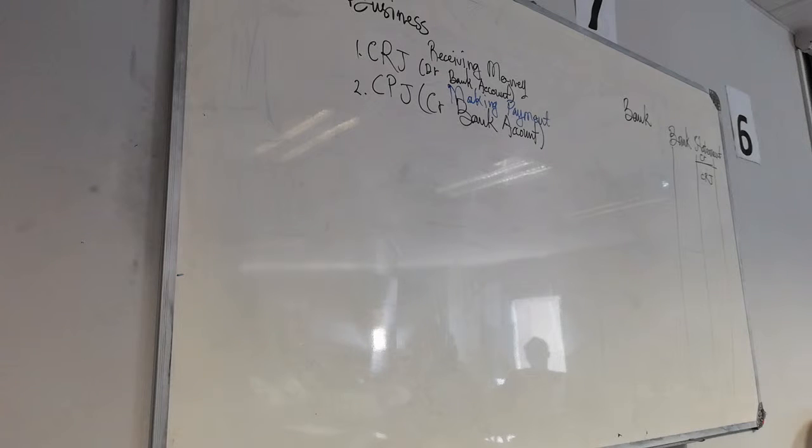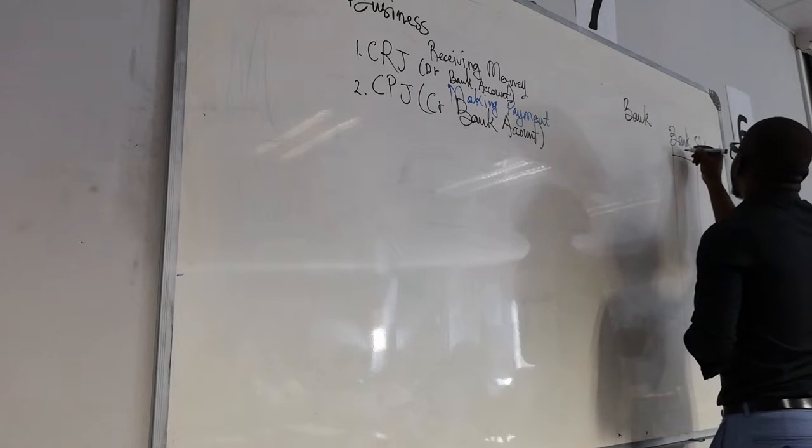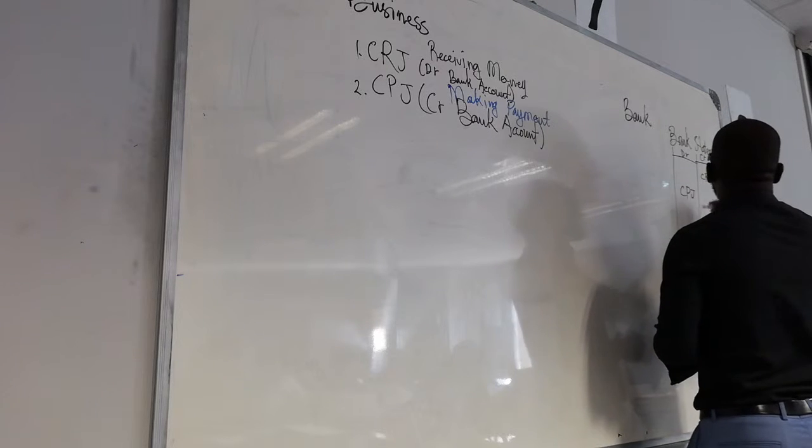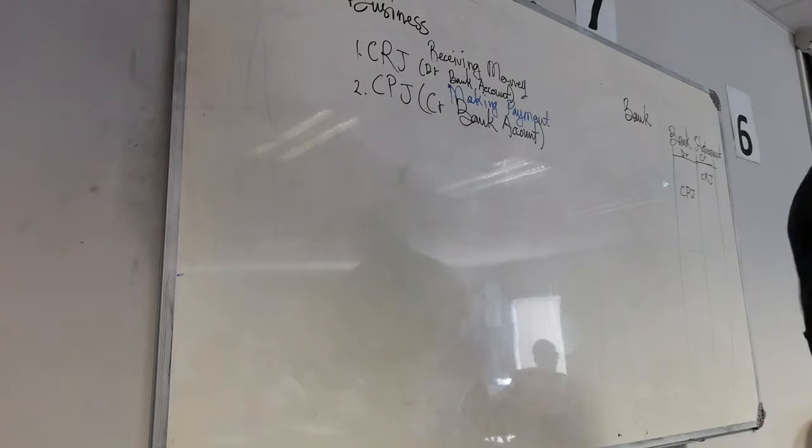Are we together? So when you're making payments, CPJ, they need to go and decrease the money that they owe you. So all the entries that are in the CPJ must be on the debit side.